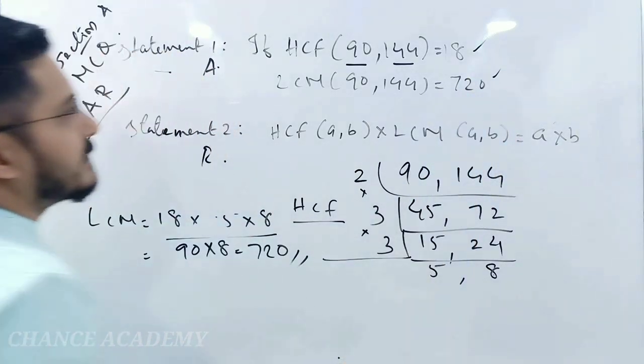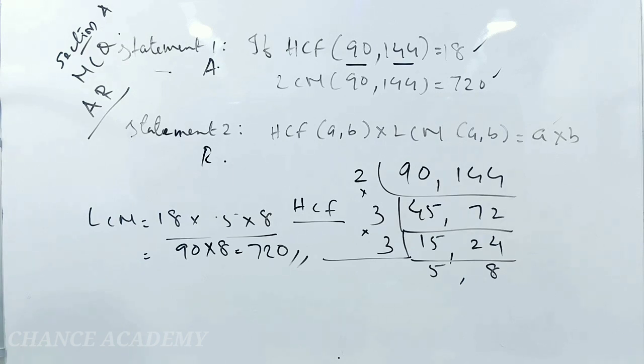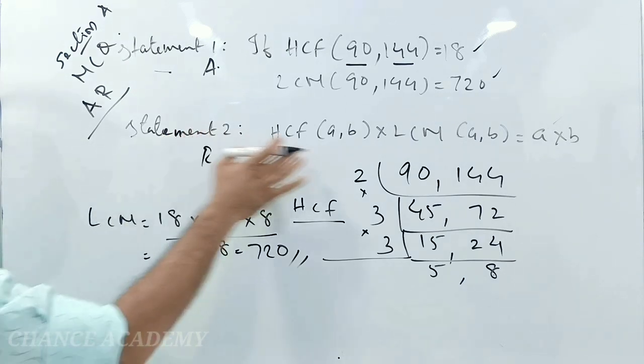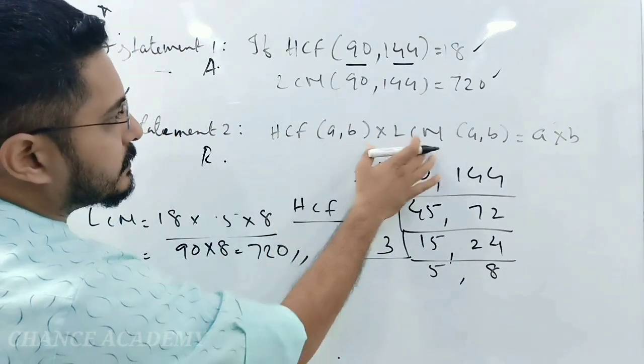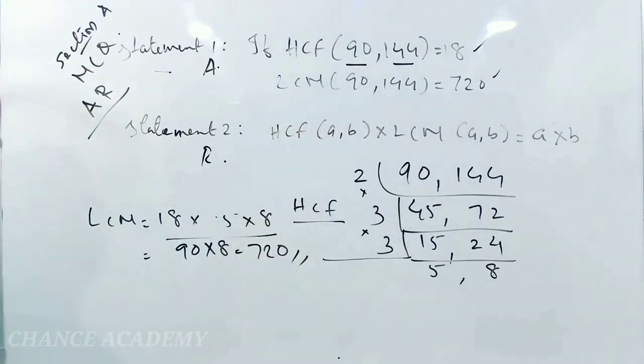So the LCM they have given is also correct. So the first statement is correct, and now look at the second statement, where one reason is given for the same. It's given that the product of two numbers is the same as the product of LCM and HCF. So it's true.